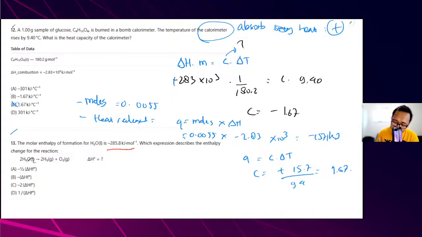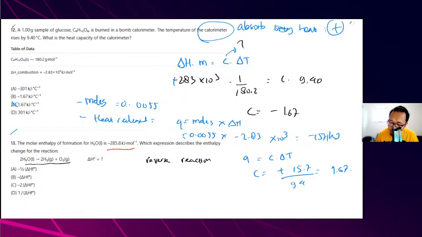This one is not formation but a reaction, and it is a reverse reaction.